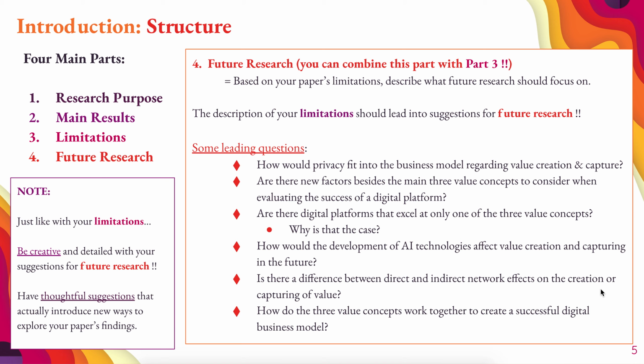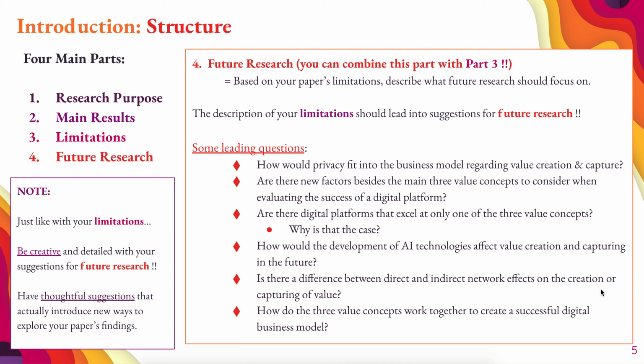Try to actually think of new research questions and be more specific about it. So be thoughtful in your suggestions and be creative. Don't just say the most vague thing possible, like, oh, well, we just need more research. Really try to be creative, based on what you're interested in.